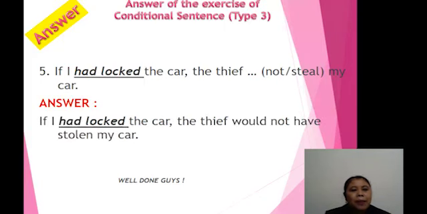The answer becomes: if I had locked the car, the thief would not have stolen my car. Would not have plus verb 3 of steal. The verb 3 of steal is stolen. So the answer becomes would not have stolen. Well done, guys.